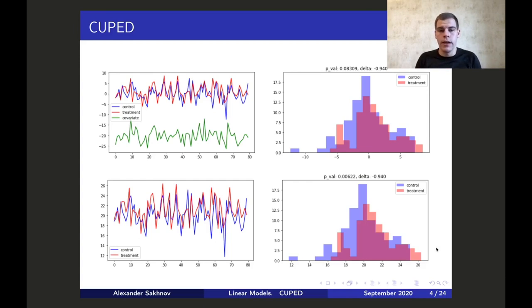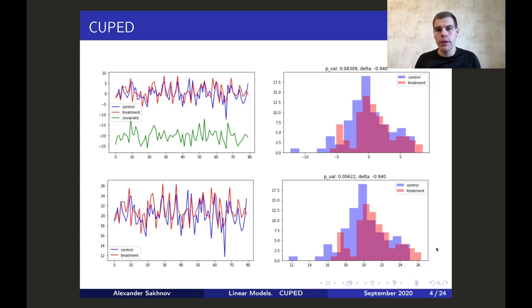For example, we can set a null hypothesis that their means are equal, and we see that at a significance level of 5% we are not able to reject this hypothesis because the p-value is equal to 0.08. But this data was generated by me, and the ground truth is that there is a difference between them.